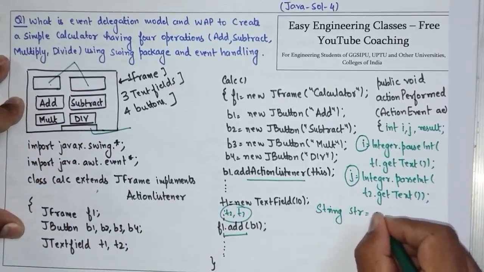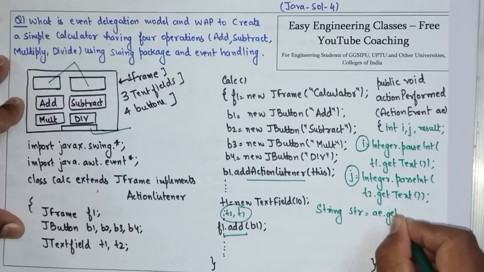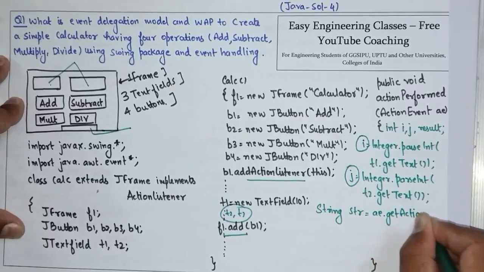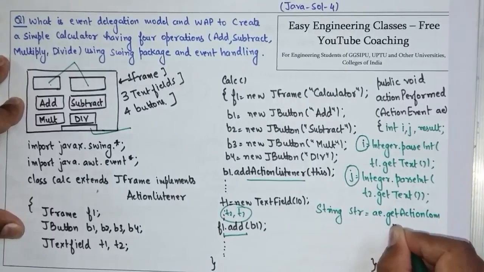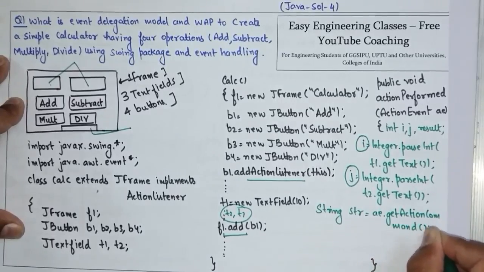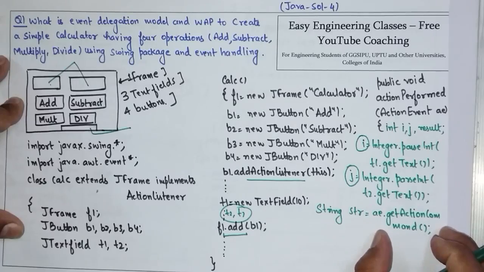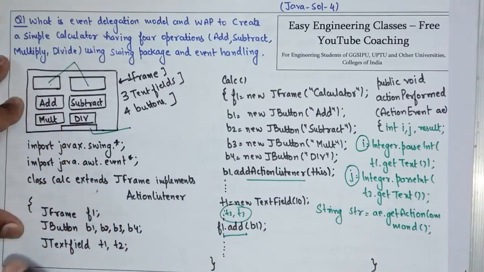So String str is equals to ae.getActionCommand(). This method will return the caption of the button.